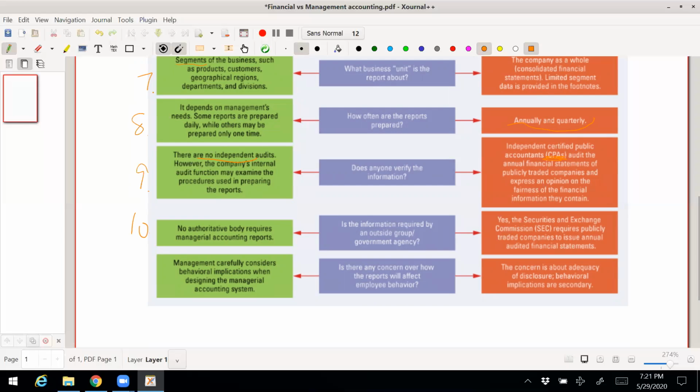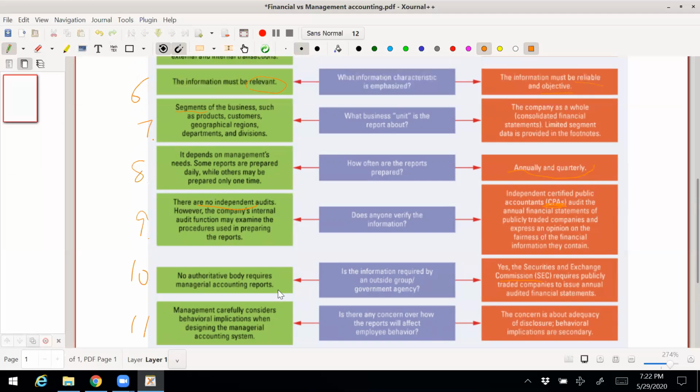As I said, the SEC requires financial accounting, your balance sheet and income statement. Internal, no, right? The general difference, as I keep saying, is financial accounting for external, managerial for internal. The last one, any concerns or whatever: I'm not going to say too much, you can just say there is also a difference there.